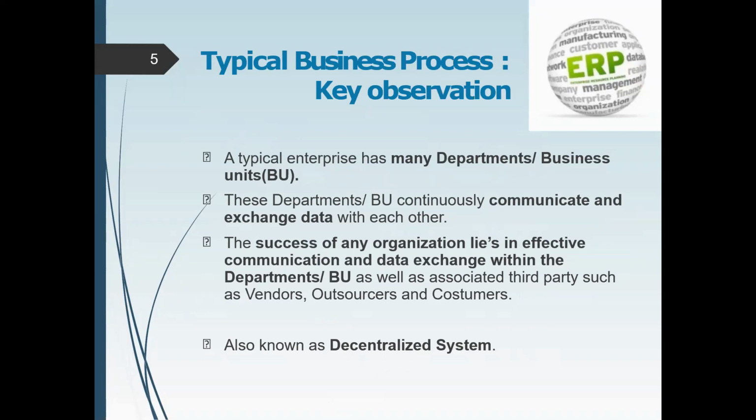These departments or business units continuously communicate and exchange data with each other through ERP. The success of any organization lies in effective communication and, of course, data exchange within the departments or business units, as well as associated third parties such as vendors, outsourcers, and customers. That is, all the data is being managed here. This is also known as the decentralized system that I talked about earlier.